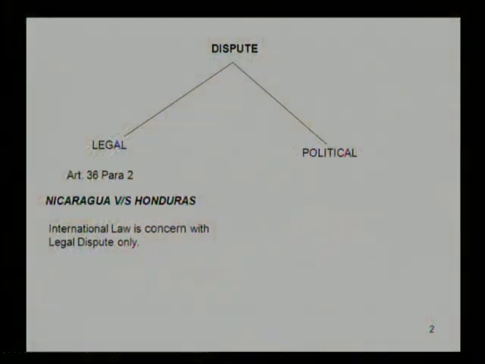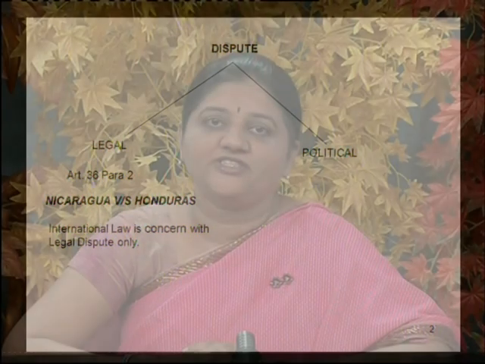All these four islands are connected with Honduras. Now, the question relating to sovereignty could be considered a political issue or a legal issue. Sovereignty also includes the territory and the boundary of the states. So they went to the International Court of Justice to solve this dispute.